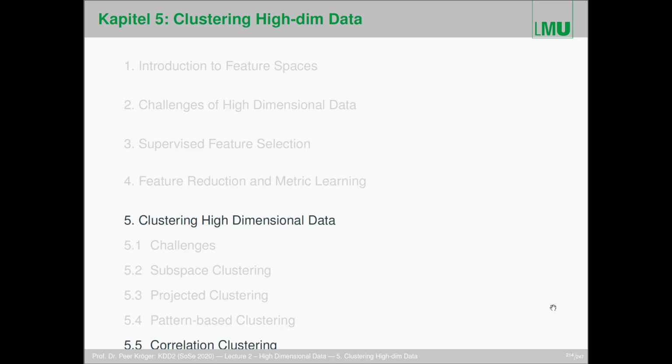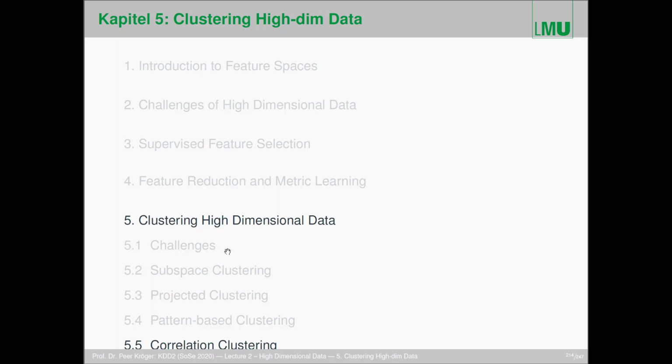So we are left with correlation clustering. Maybe let's have a short recap. We are in the clustering high-dimensional data subsection, and we talked about challenges. And actually, we came up with a kind of classification of methods that try to overcome those challenges.